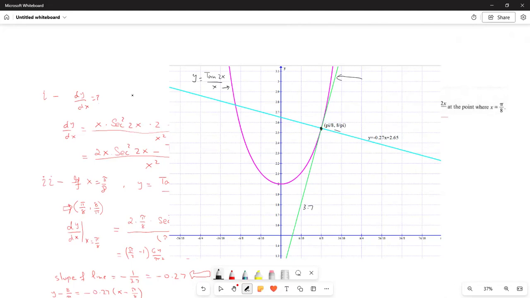So from this slope, we calculated the slope of this line, which was minus 1 over 3.7, and it came out to be minus 0.27. And from this slope and this point, we find the equation of this line. So this line is our final answer. You see, this is the equation of this straight line. Okay, hope it is clear.